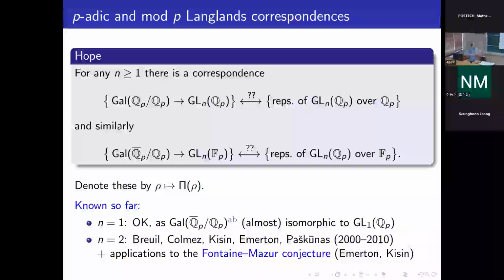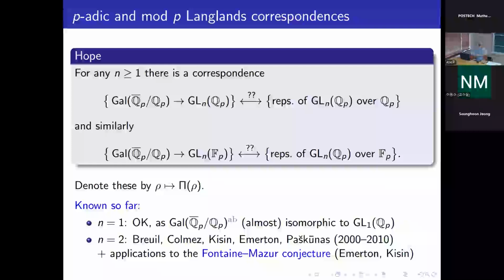And this is basically almost the same as GL1 of QP. So in this case, it's like in Gauss's cyclotomic story. We have an isomorphism between the Galois group, roughly speaking, and the GL1 group. And therefore, if the groups are the same, the representations are the same. So there's an easy answer when n is equal to 1 that I want to mention for completeness.